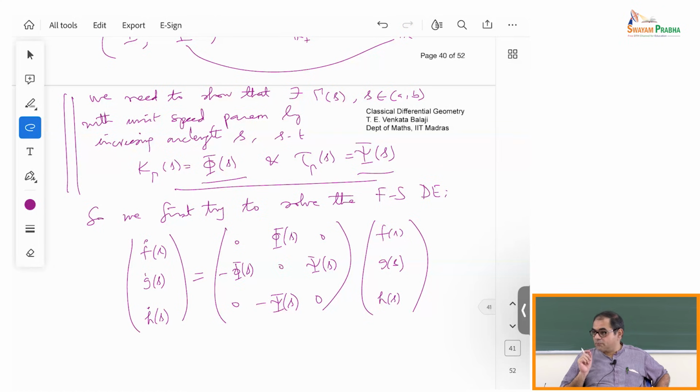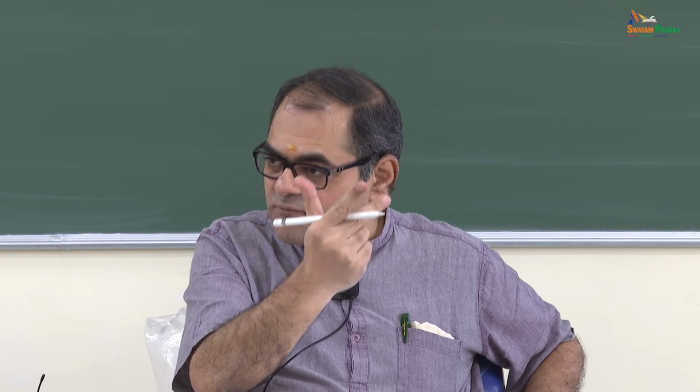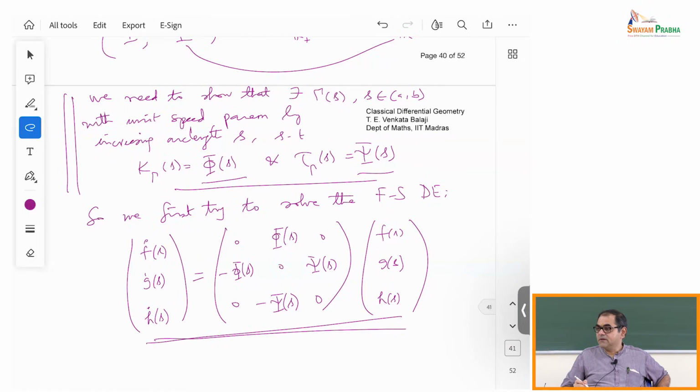Then you have a job to do. If you want a particular solution, basically you are trying to find a particular curve. You want at least one curve. That means you want a particular solution of the differential equation, so you have to give some initial condition. And the initial condition is that you have to fix a Frenet-Serret frame at some point. Basically you say the curve is going to pass through some point, and at that point there is one Frenet-Serret frame that is given to me. That is the initial condition I'll have to put. I solve this differential equation and I'm going to get 3 vector functions f, g, and h.